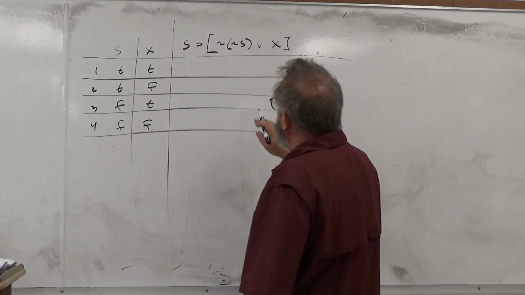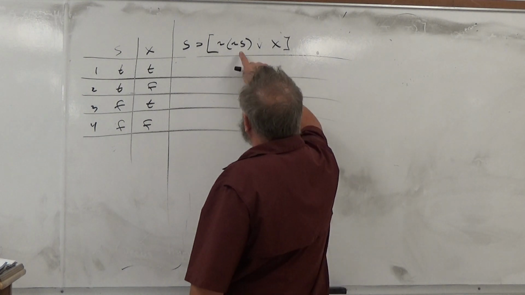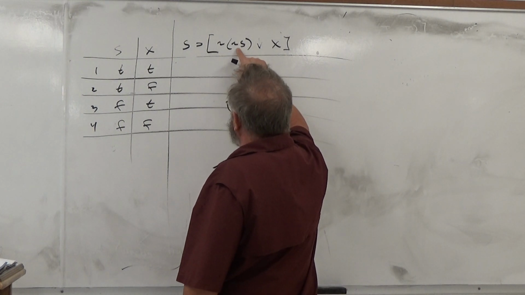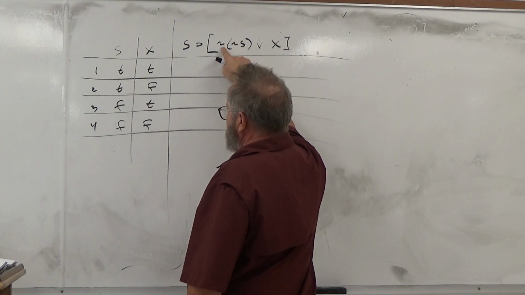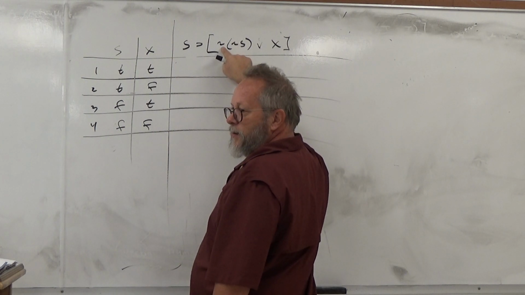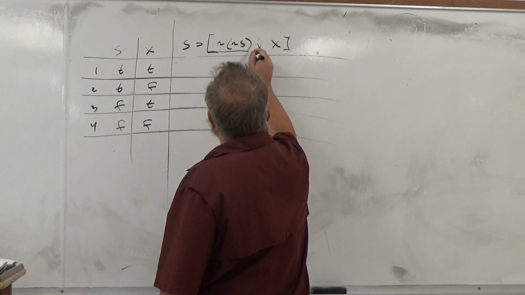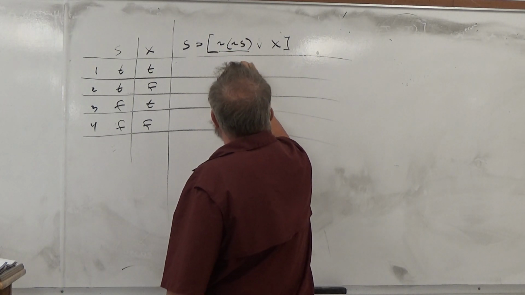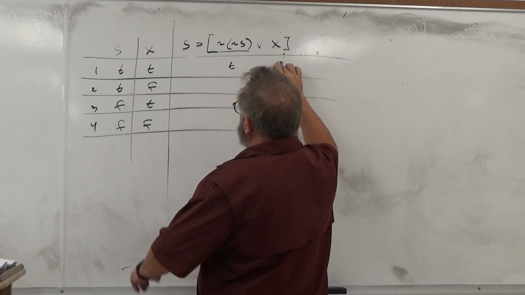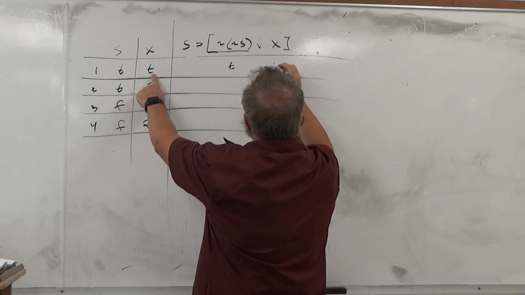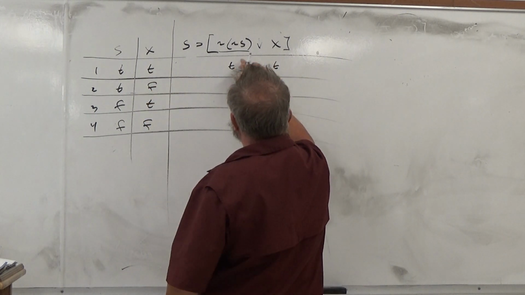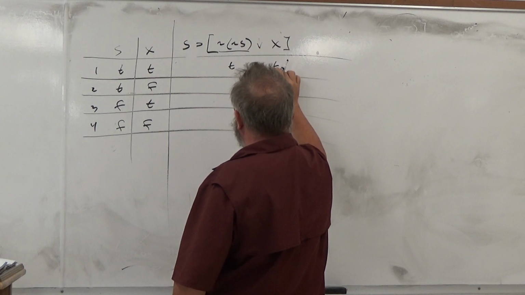Okay. So line 1, S is true. So not S would be what? False. But not false is what? True. So right here, this would be true. And X on this line is what? True. So now we have to calculate true or true, which is what?